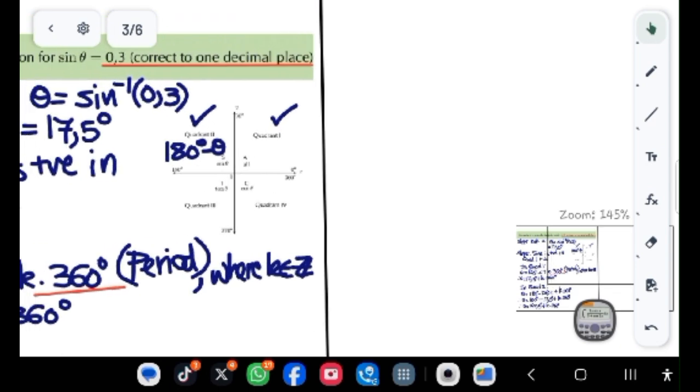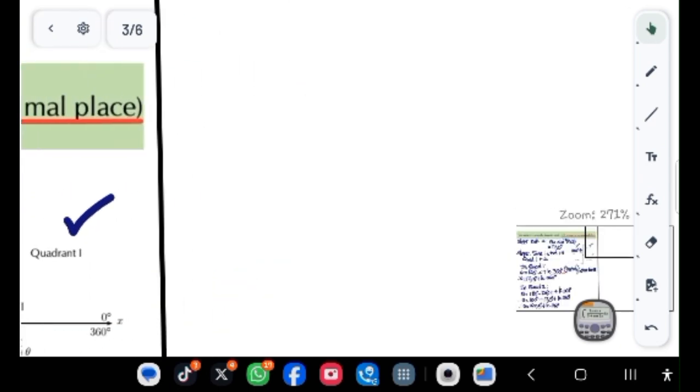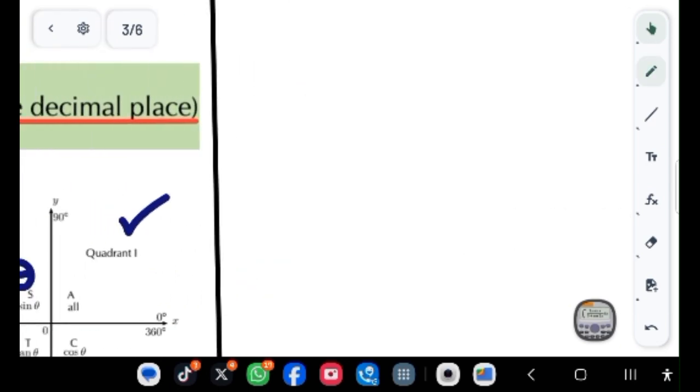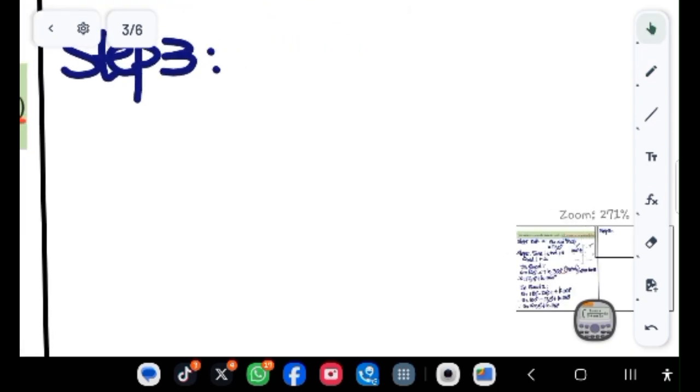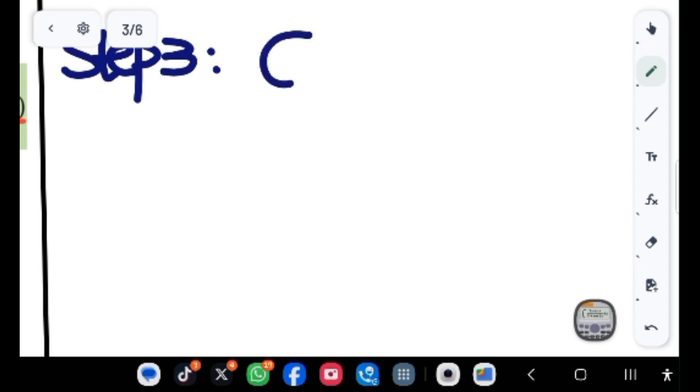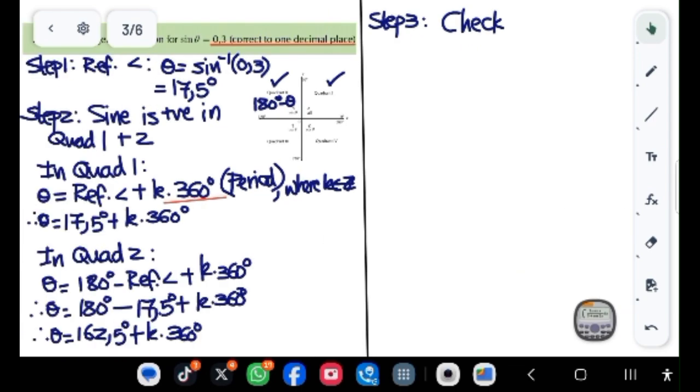Now let's check. When we're done with this, step number 3, we check. Actually, I think that is step number 4.